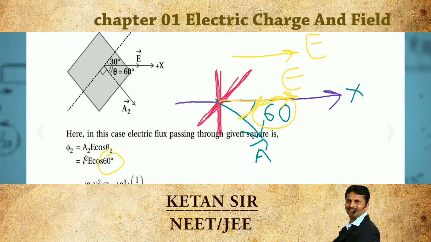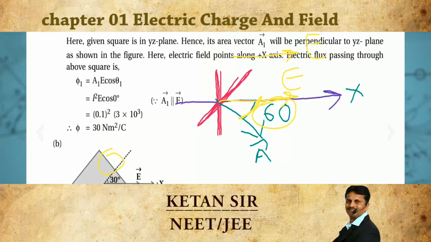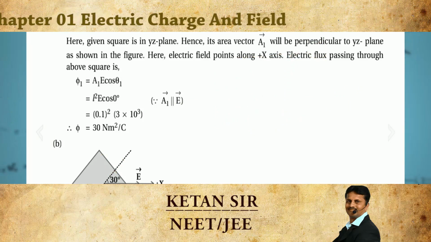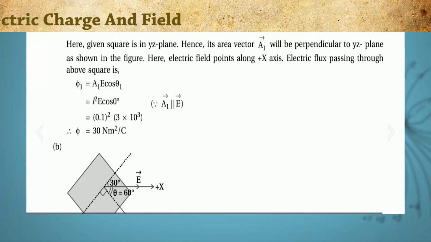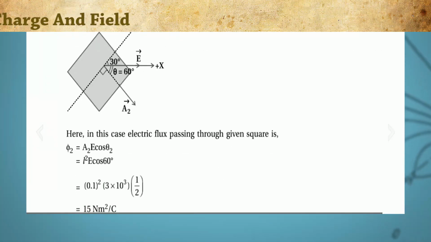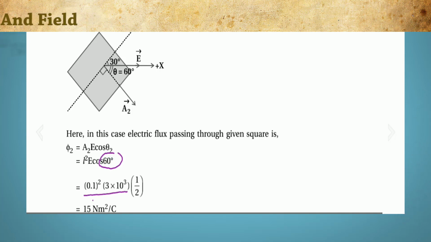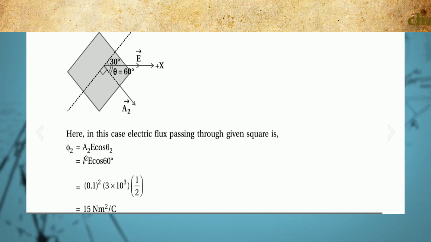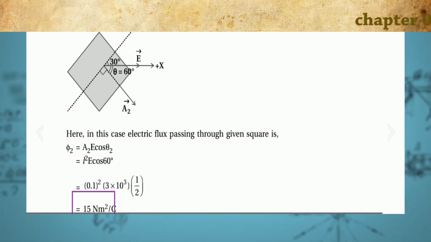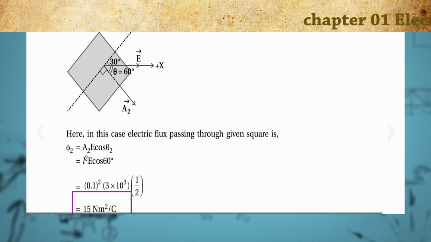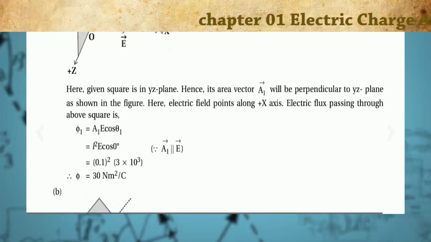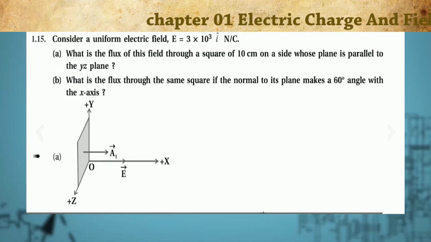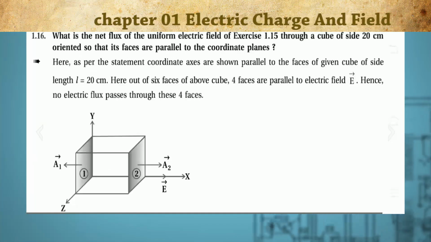In the first case the angle is 0, while inside the second case the angle is 60 degree. Rest all the things are the same. After calculation you are getting the answer: 15 Newton meter square per coulomb. It is a very simple question, but the concept of area vector is quite required here to solve such type of question.